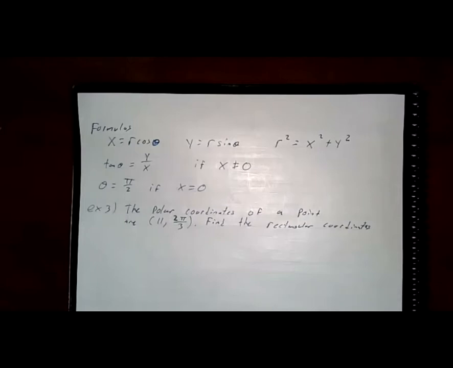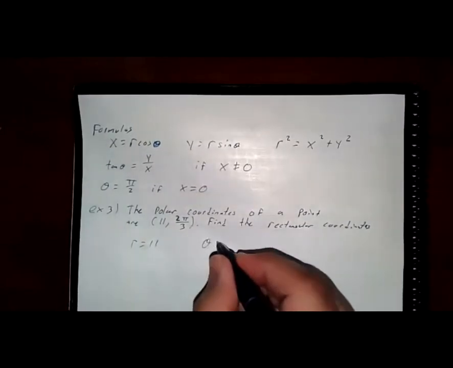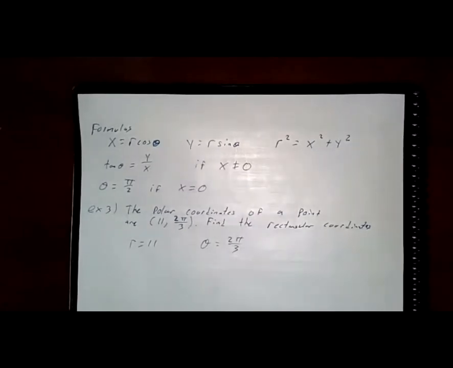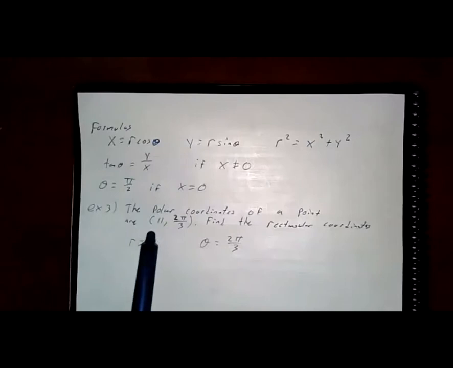So let's write down everything we know. We know that r is equal to 11. We know that theta is 2 pi thirds, right? So we're going to use the formula to find the rectangular coordinates for x and y. So then we need to change this guy.